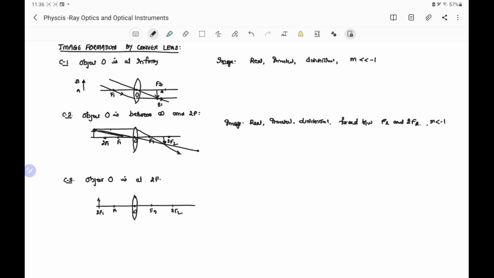Object is at 2f1. So for image formation, we take 2 rays, one ray parallel to the principal axis and after refraction passing through the focus. Another ray is taken passing through the optical center and it passes without any deviation. So image will be formed at the 2f2.